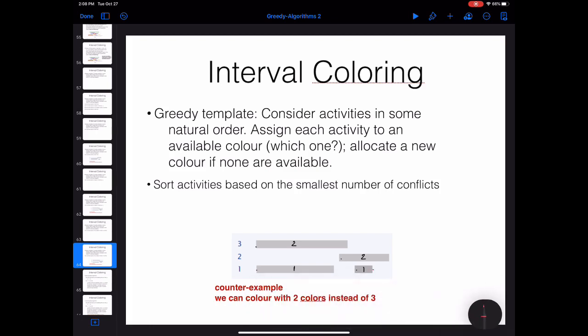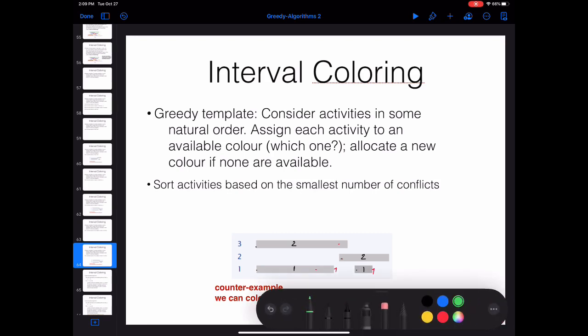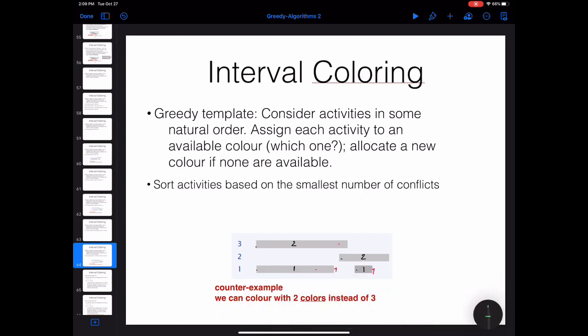So we are going to give color 1 to this, and the next one is this one. There is no conflict between these two, so I can use the same color for this one, right? Then I'm going to color this one or this one, doesn't matter which one. I'm going to actually show you both. So because there is a conflict between this one and this one, I need a different color, right?